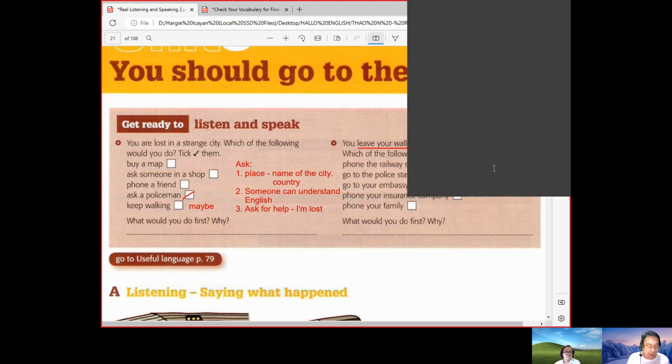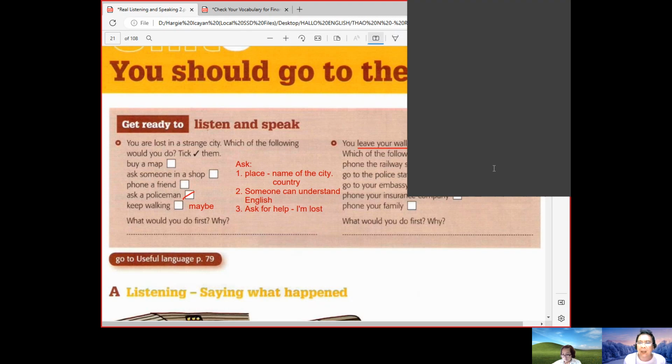You should inform them about your wallet, the reason why you are phoning them: a lost wallet, or not lost, but you left your wallet on the train. And then you have to describe your wallet.